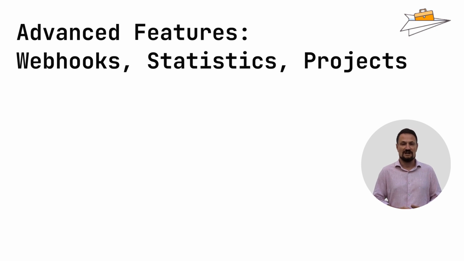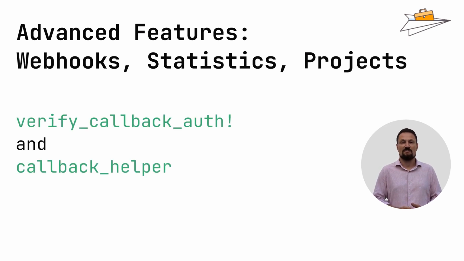Third, helpers like verify callback auth and callback helper reduce boilerplate code in your webhook controllers by dozens of lines. Next, optional flags such as timeout, logging, and API key location help adapt the client to slow networks or legacy proxies. And all of these features work through clean Ruby objects. No manual JSON parsing required.